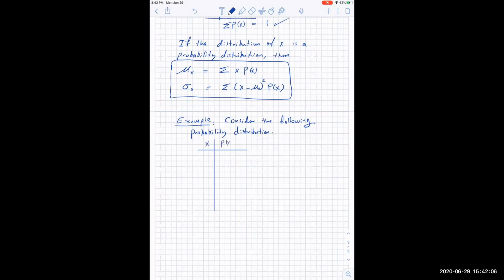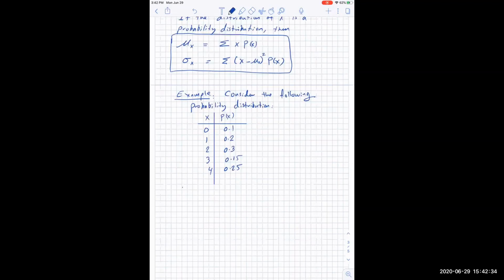X, P of X. 0, 1, 2, 3, 4. 0.1, 0.2, 0.3, 0.15, 0.25. Find the mean value of X and its standard deviation.